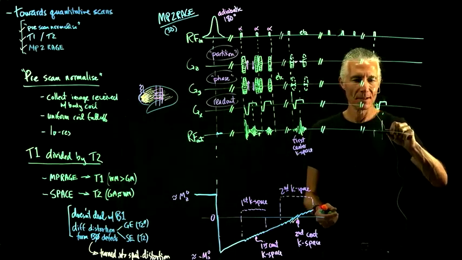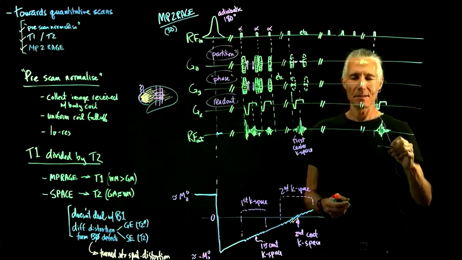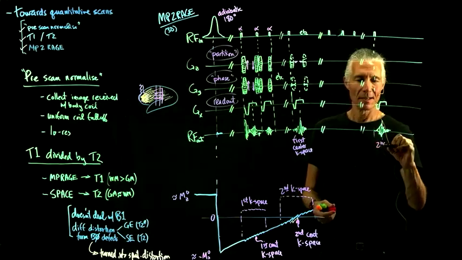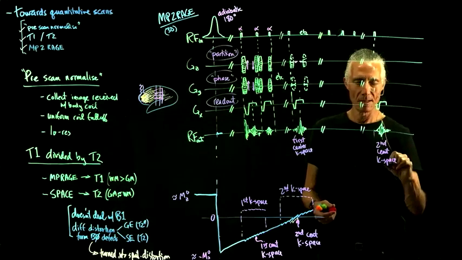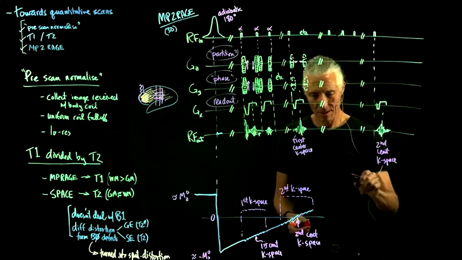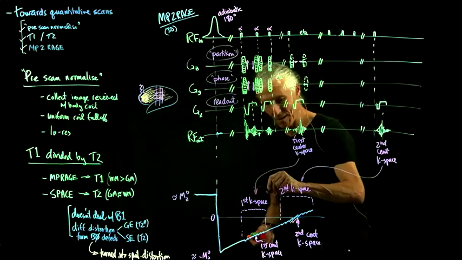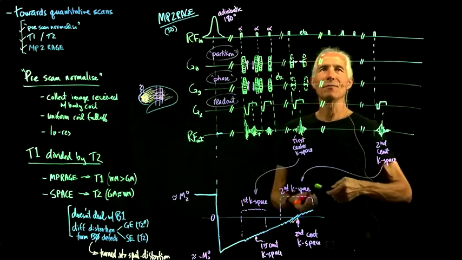So here's our second time through k-space. This is the second center of k-space. So we end up with two complete images. This guy goes here, this guy goes here, and so this is all filled in.